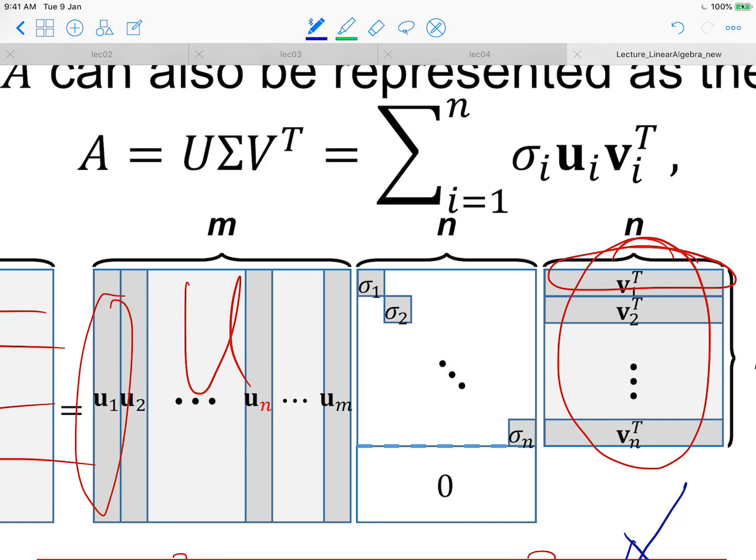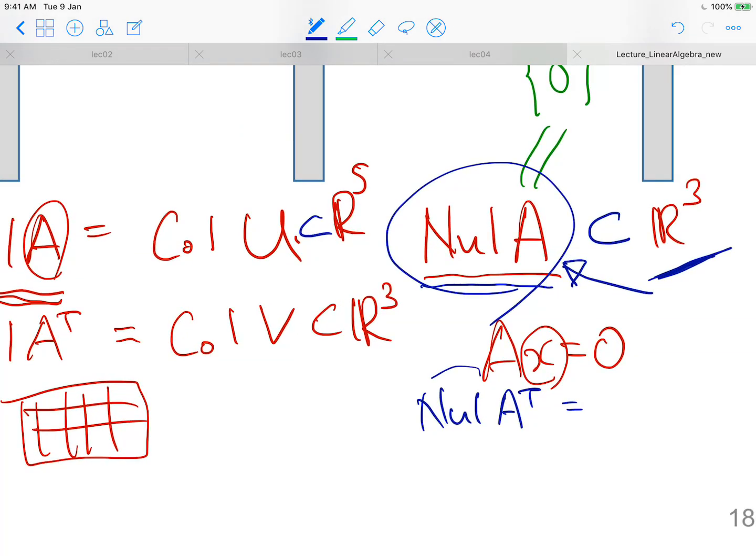We still deal with the 100-dimensional space, and the matrix has 30 non-zero singular values, so the remaining 70 will be your orthonormal basis vectors of the null space of A transpose. Okay.